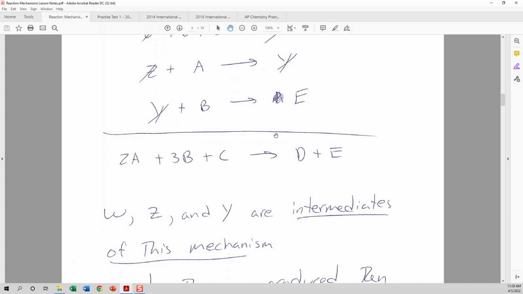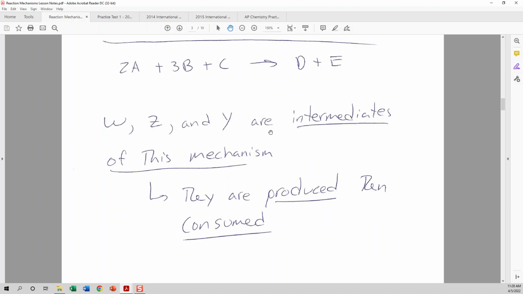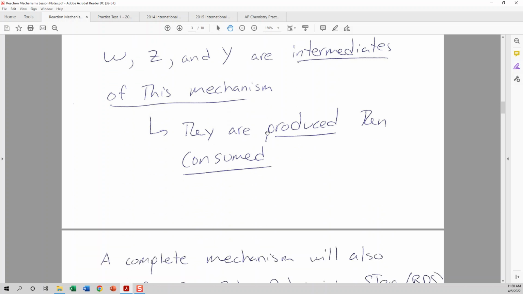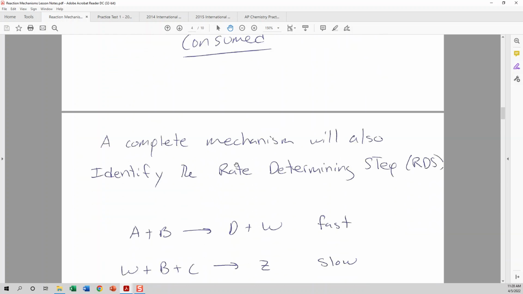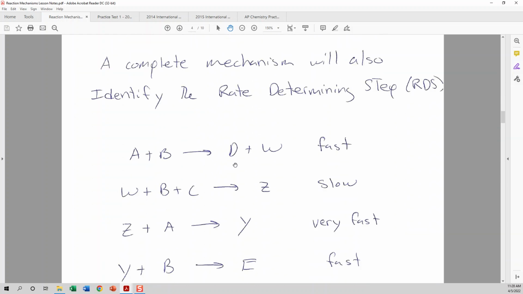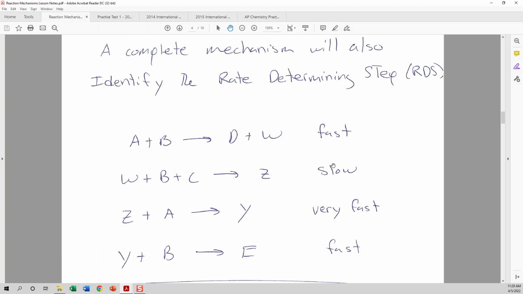A catalyst is the opposite, but not every reaction mechanism will have a catalyst. And we'll get to that in a second. All right, but how do we know what intermediates are in a mechanism? They are produced and then consumed. Okay. So what I just showed you was not a complete mechanism. For a complete mechanism, I have to be given more information, and you'll be given information like this.